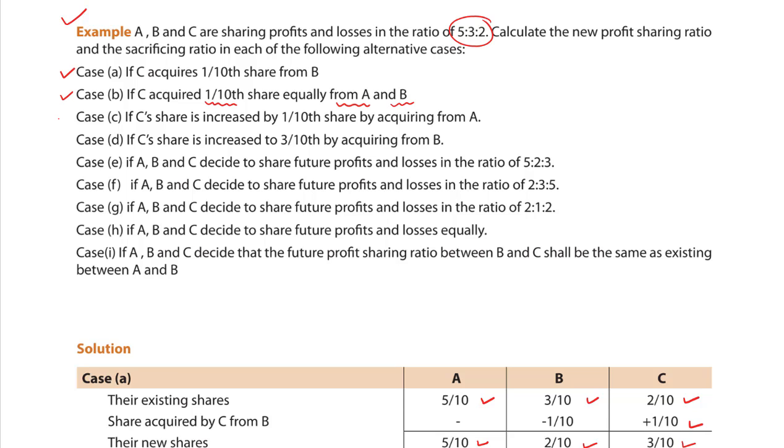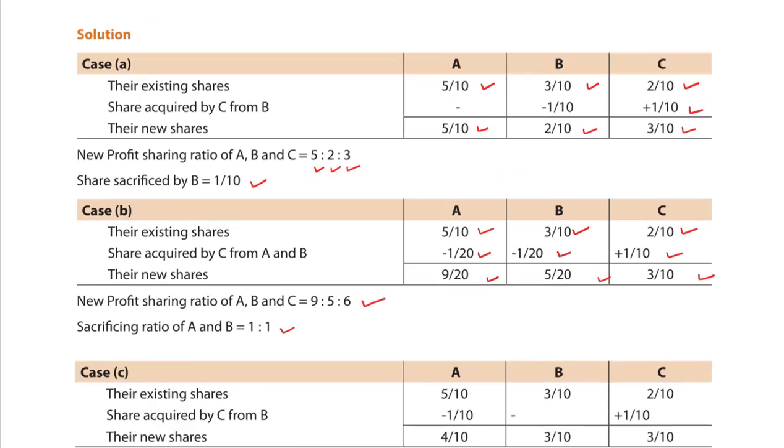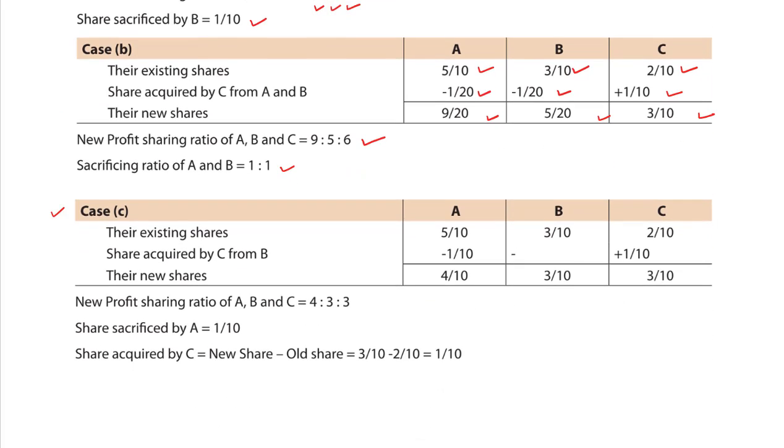Case C. If C's share is increased by 1 by 10th share by acquiring from A. Case C. Existing shares are 5 by 10, 3 by 10 and 2 by 10. Share acquired by C from A, that is 1 by 10.